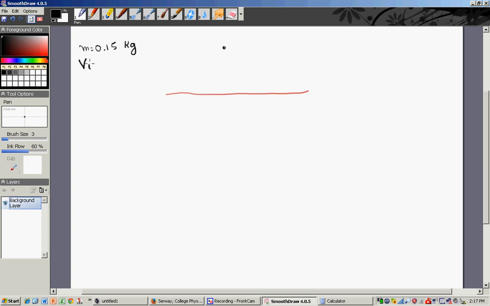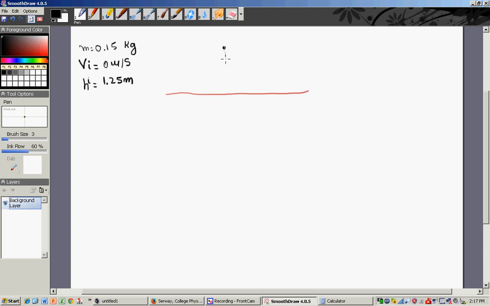So the initial velocity in this case is 0 meters per second, because that is how it's being dropped. And the height from which the ball is dropped is 1.25 meters. And here's the ball.